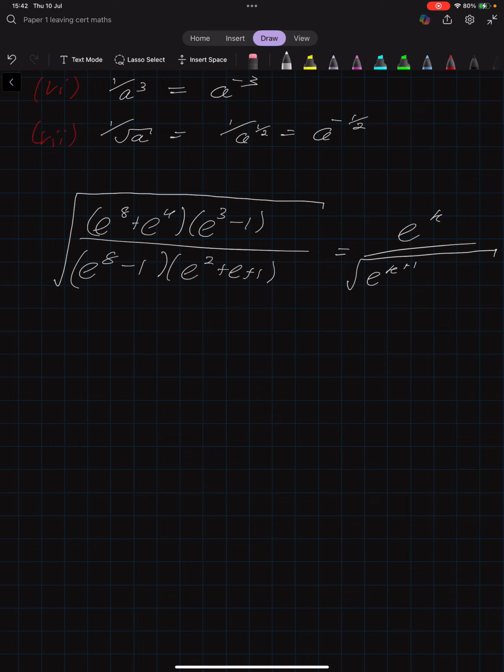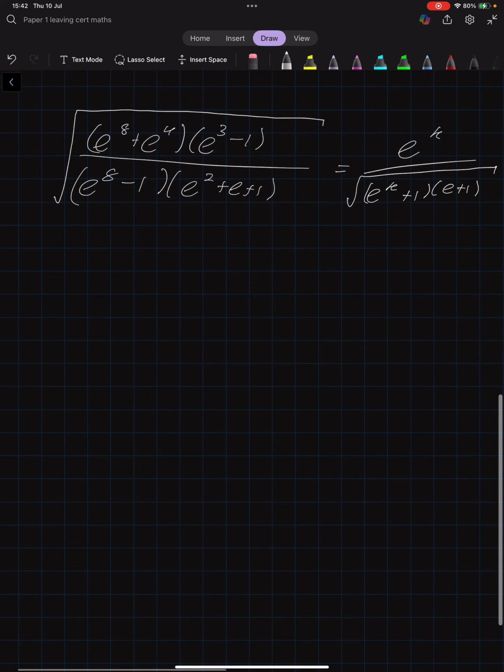Sorry, that plus 1 is down below. So that's like this, times e plus 1. The very first thing that I'm going to do is square both sides to get rid of the square roots.